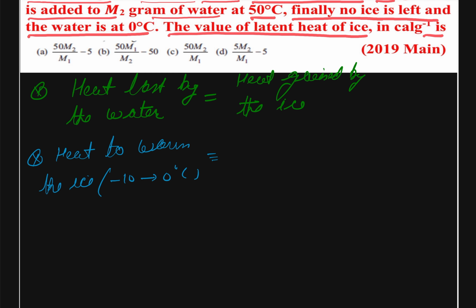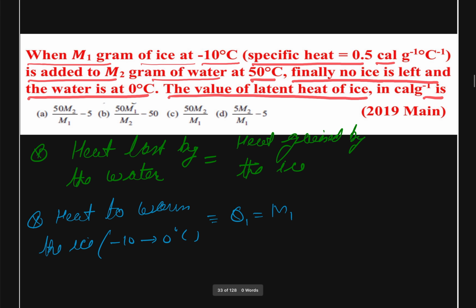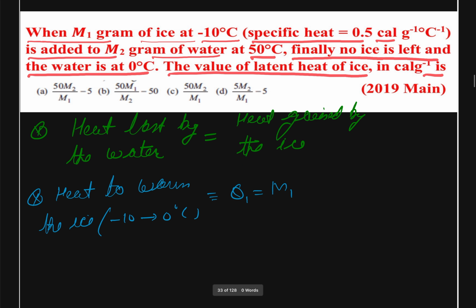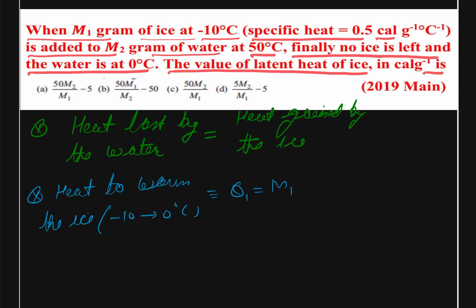Let us call this as Q1 is equal to our M1, and its specific heat, that is 0.5, and the change in temperature.